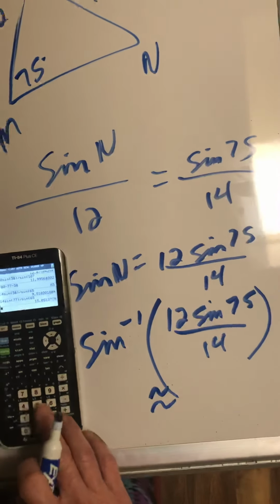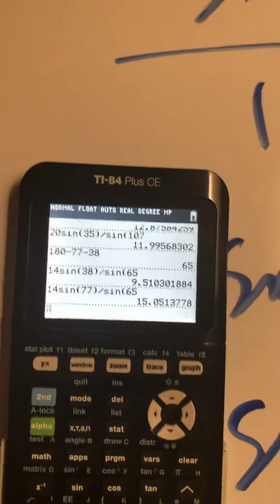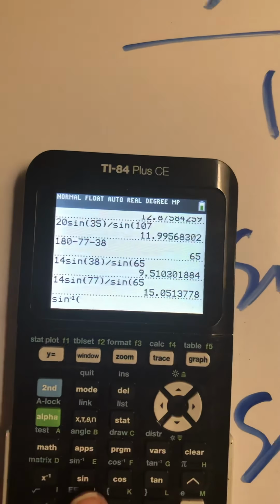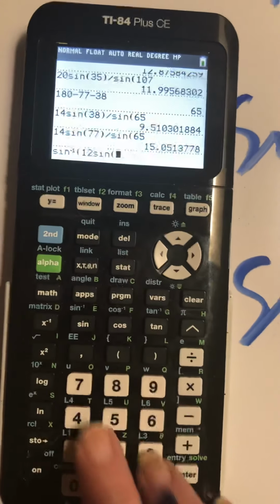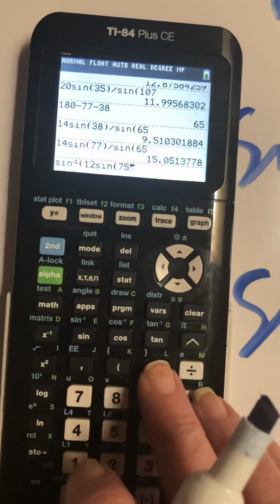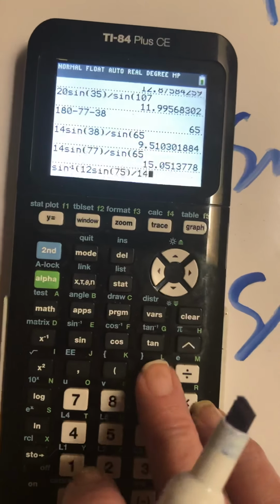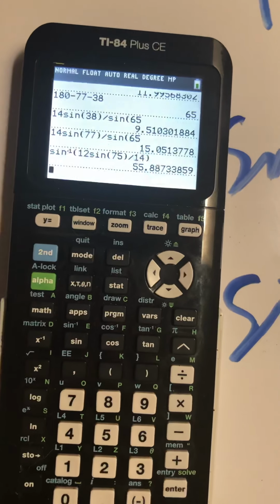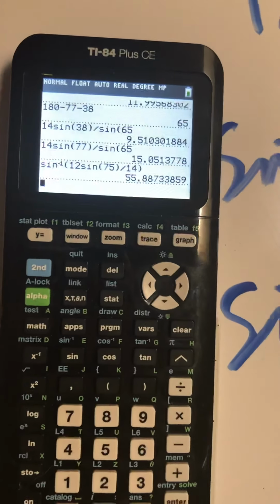So in your calculator, you're going to hit second, you're going to hit sine, you're going to put in 12 sine 75, you're going to close parentheses around that 75, you're going to divide by 14, you're going to close parentheses there, and you're going to hit enter. So it'd be about 56. Okay?